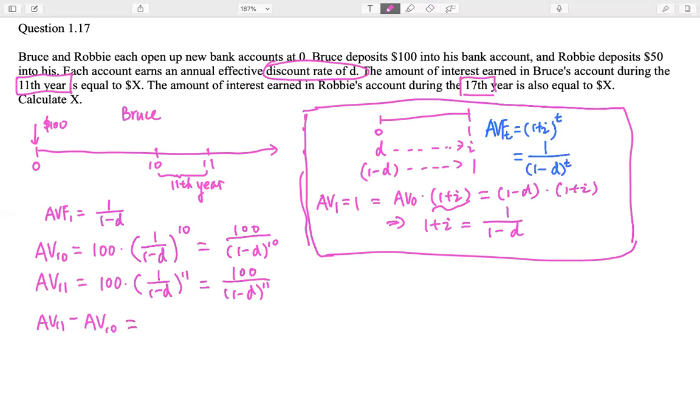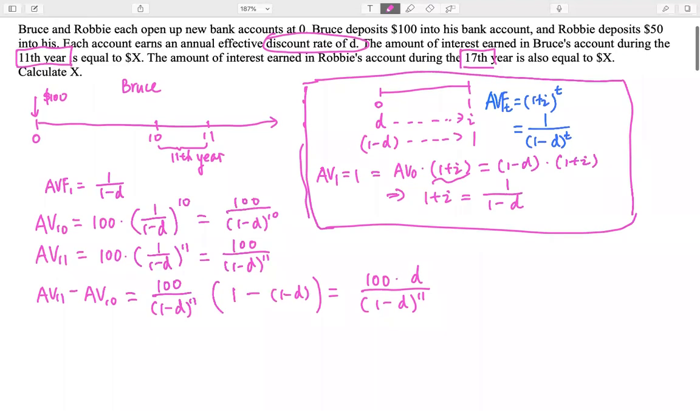I can take out the entire thing and 1, minus, here is 1 minus d, right? So what I have is 100 times d divided by 1 minus d to the 11th. So I figured out the amount of interest earned in Blue's account during the 11th year. So this is for Blue's.